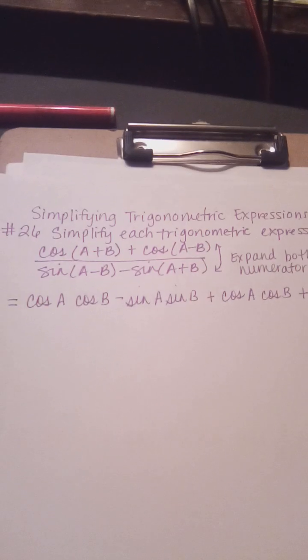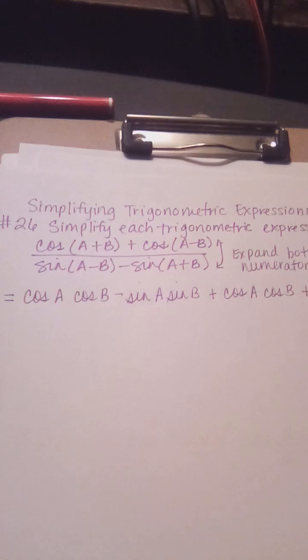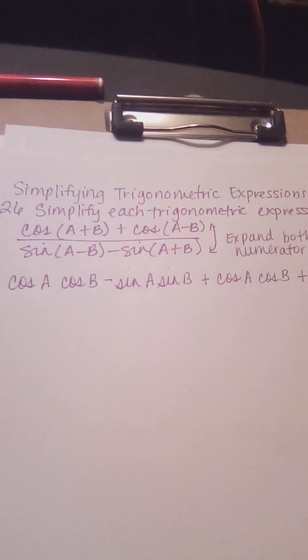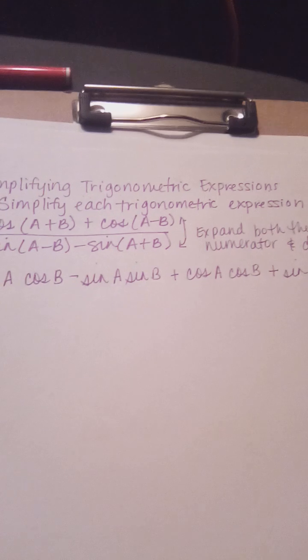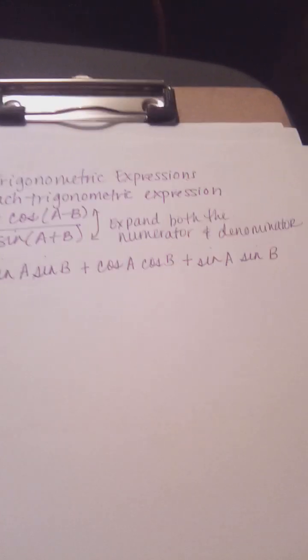Can you see the whole thing? Cosine A cosine B minus sine A sine B, plus cosine A cosine B, plus sine A sine B. Any questions so far on that part?